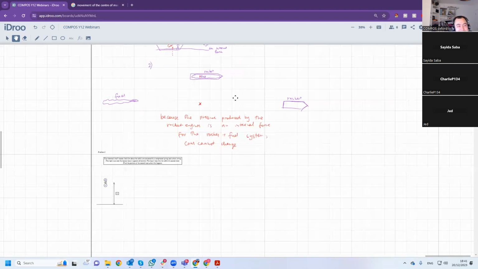Which is quite cool. I mean, of course, there are other things to consider, like the gravity of the Earth, the gravity of the sun, et cetera. But in a simplified version of this, it's still there.